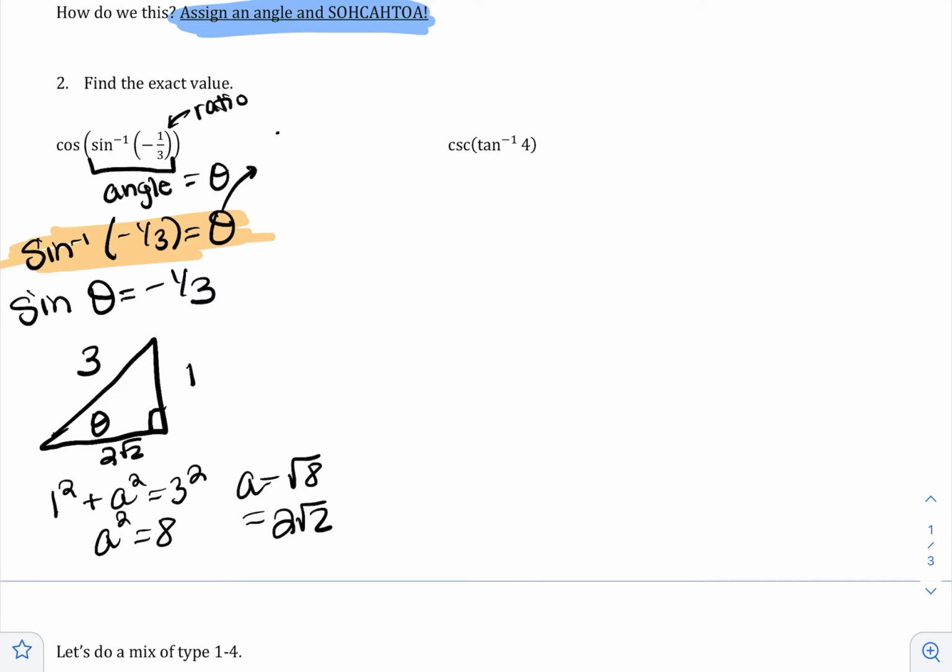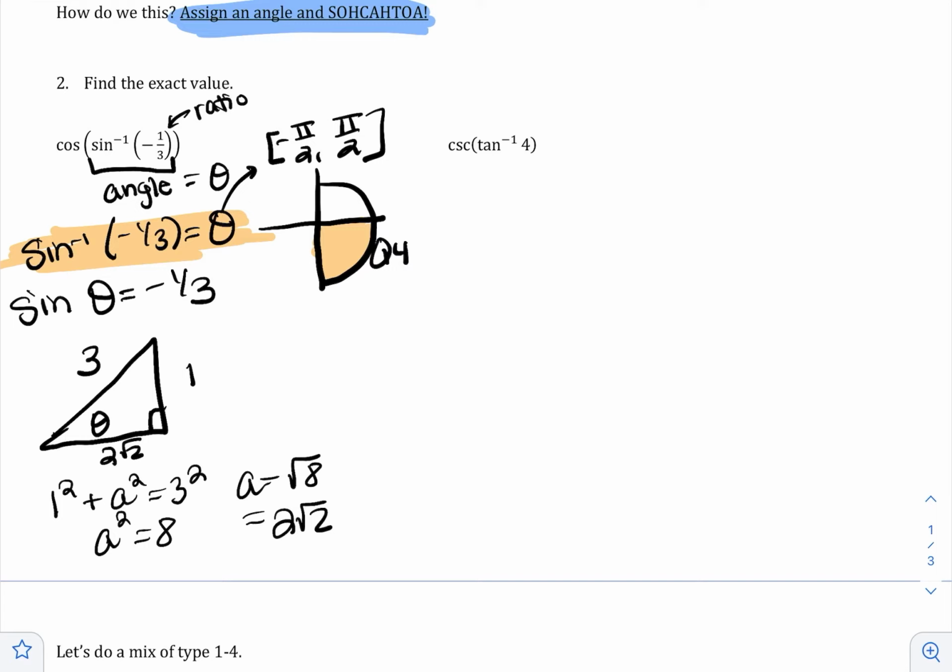If it's sine inverse, it's negative pi over 2 to pi over 2. But I can see that my ratio is negative 1/3, and the only way I'm going to have a negative ratio for sine is if it's in quadrant 4. Everything is positive in quadrant 1, so it has to be quadrant 4.